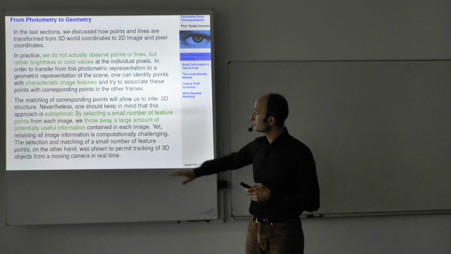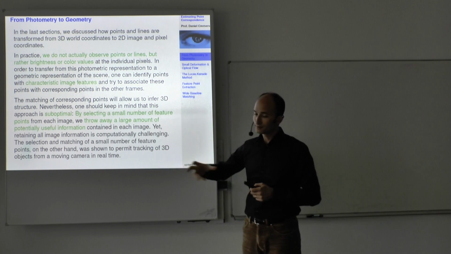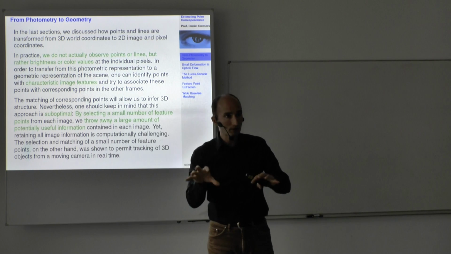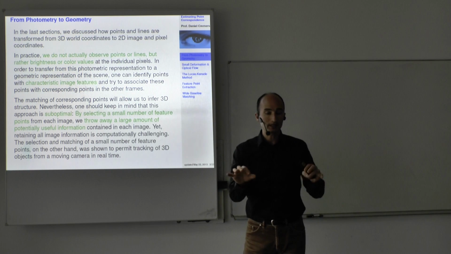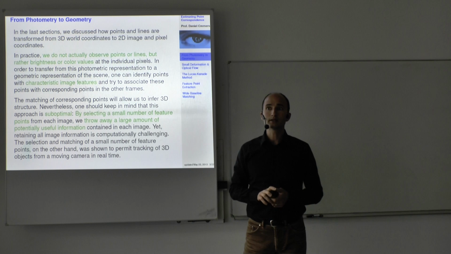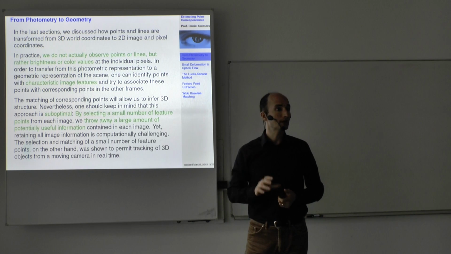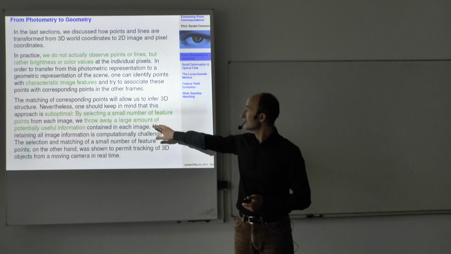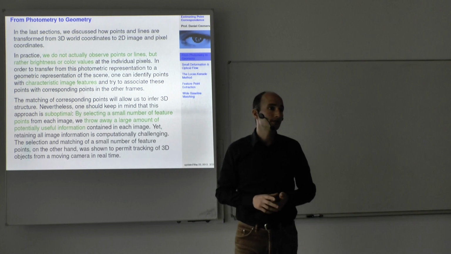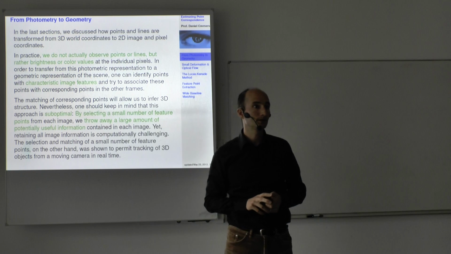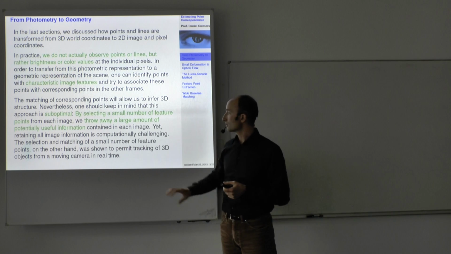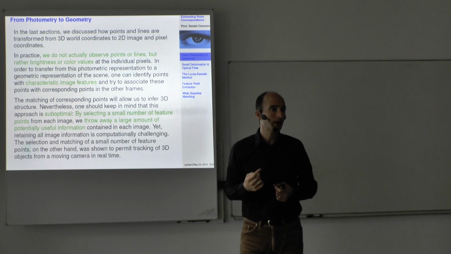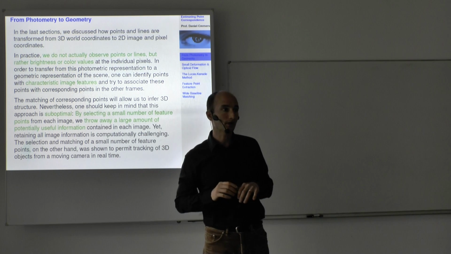This has been shown to work for real-time camera tracking and real-time reconstruction of feature point locations in 3D. The first real-time approaches emerged around 2000, so already 13 years ago. The first dense real-time approaches emerged 2 or 3 years ago. So there is a substantial additional amount of computation that you have to do to really make use of all colors.